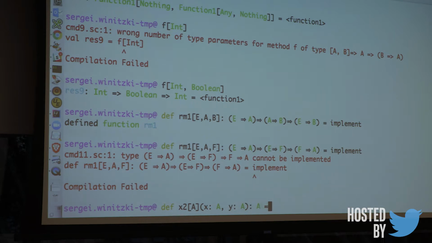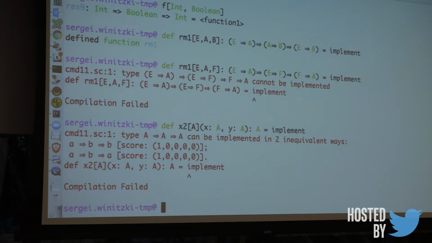So in this case, it can be implemented, but there are two different ways of implementing it. I can return x, or I can return y. And there's no obvious way of choosing one over the other. So they're both equally good somehow. So if I do that, it tells me this type can be implemented in two different ways, like this and like this.